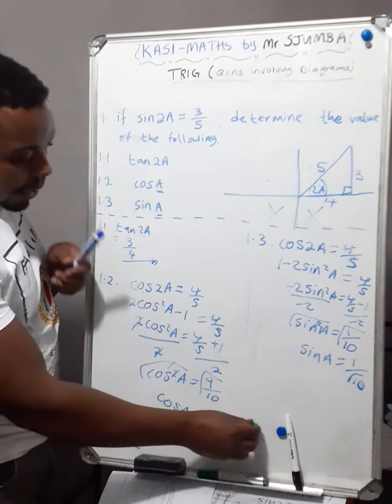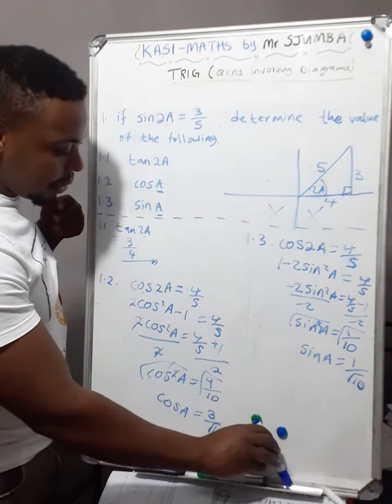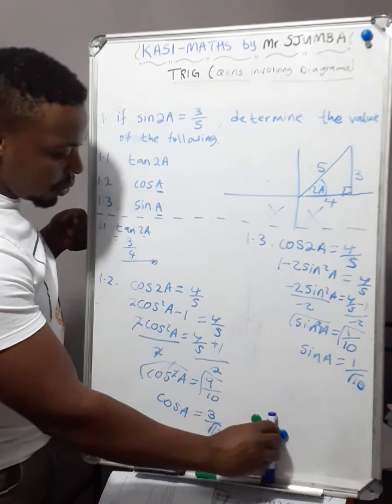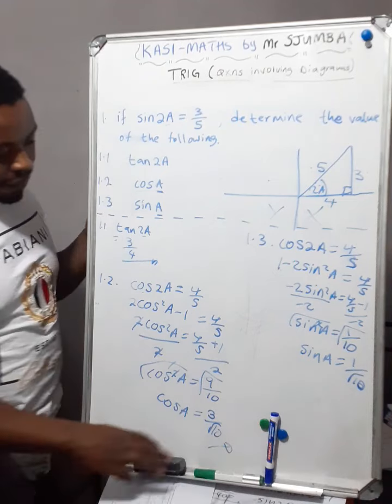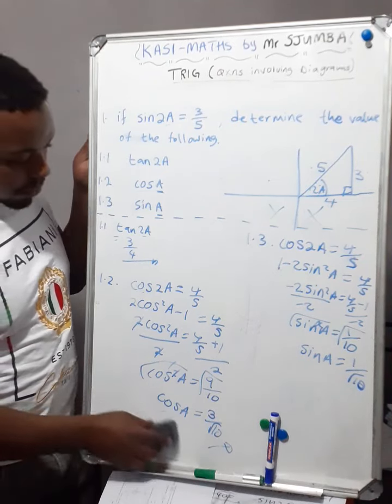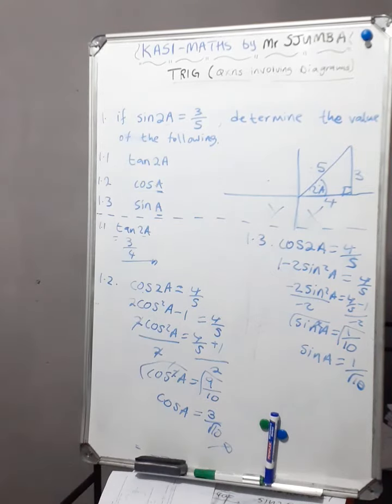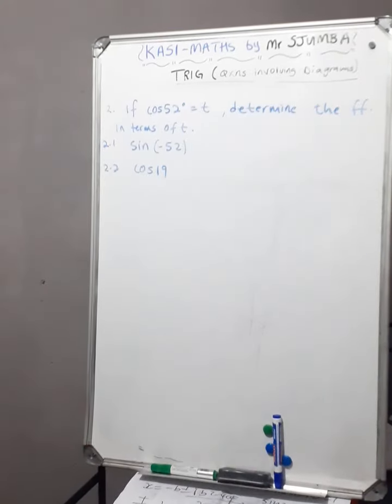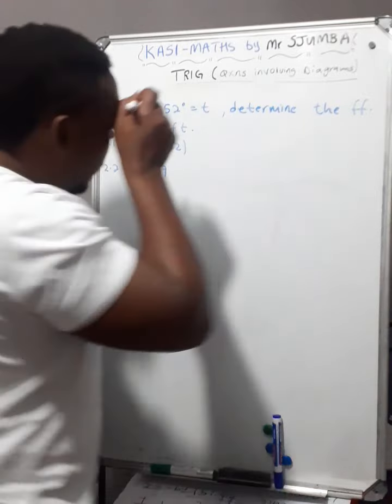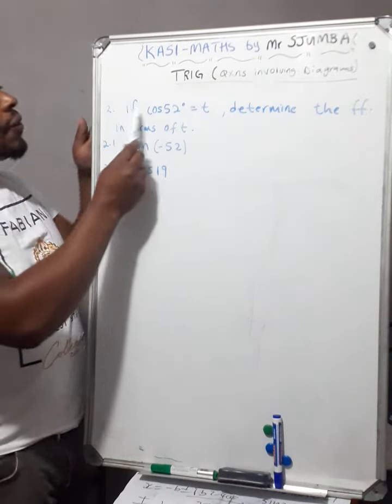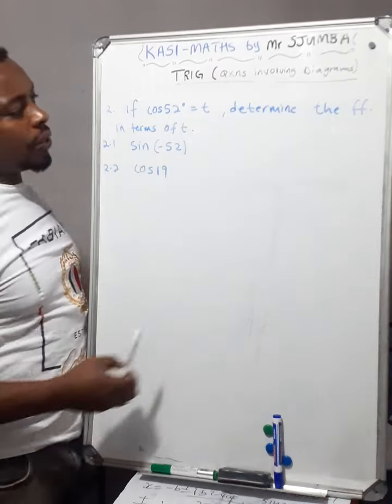So manje ngizobhala le ezoba nama numbers sibone ukuthi si solve kanjani. So ngizo remove le nto, ngibhalele esinye isibalo. Okay, this question is if cos 52 now is equals to t.